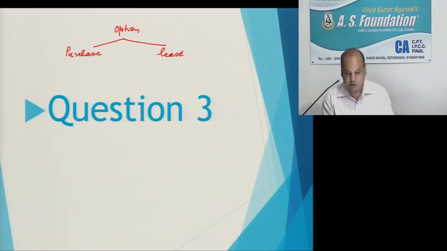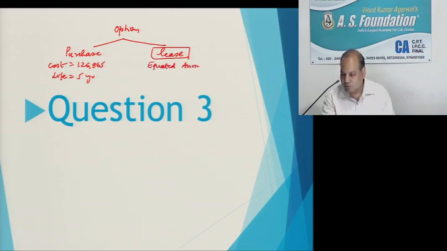The cost of the mini car is 1,26,965. It has a life of 5 years. The mini car can be obtained by paying equal lease rental annually. If you go for lease option, you have to pay equated annual lease rental. But they have not given you the lease rental amount. So today in the beginning we solved 2 warm-up problems.